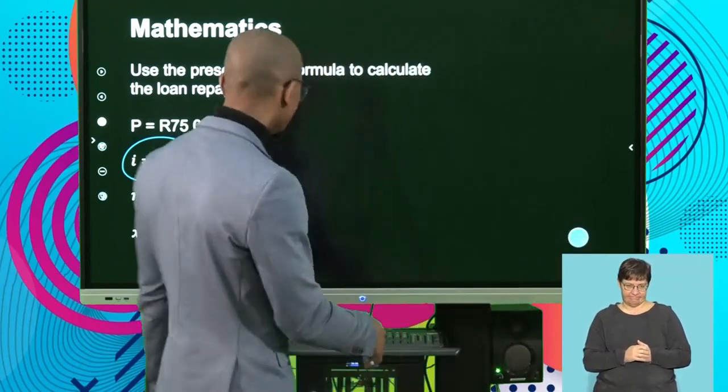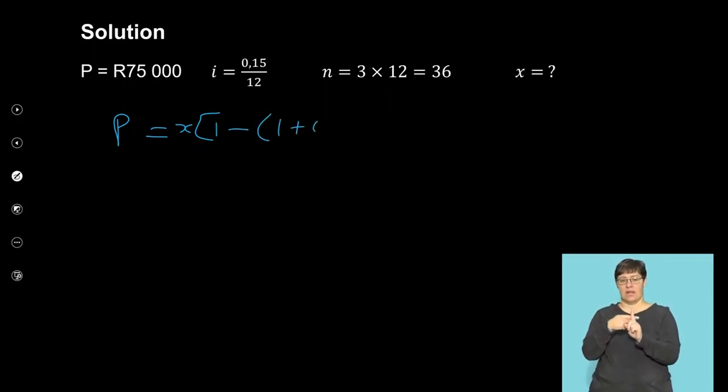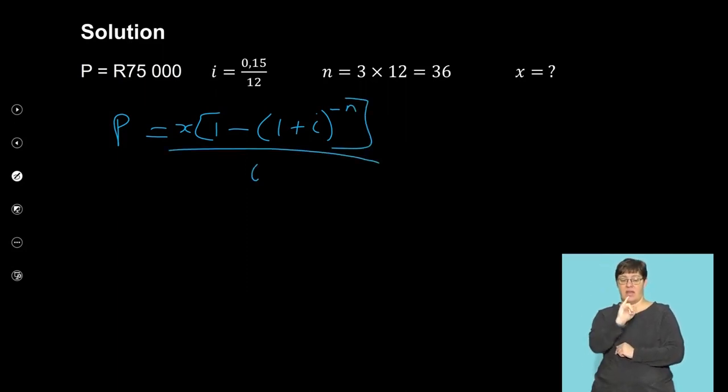Now, the formula that we know here will be P equals X, open my bracket, X outside there, 1 minus (1 plus i) to the exponent of negative n, all of this divided by i, right?